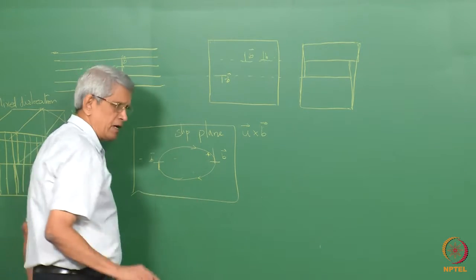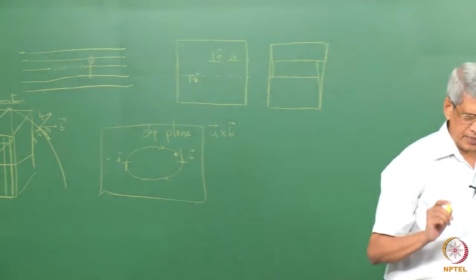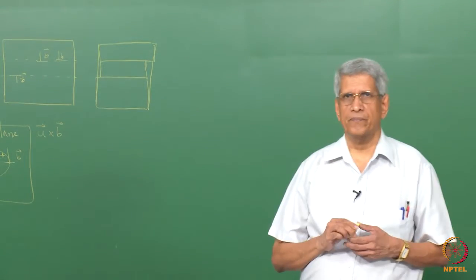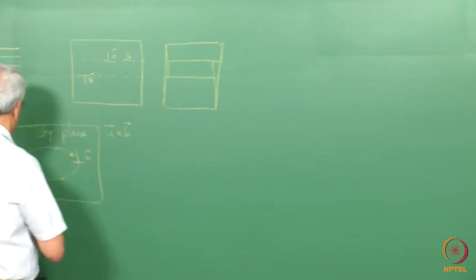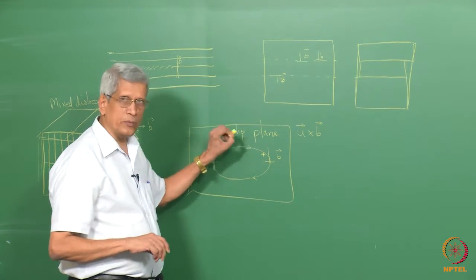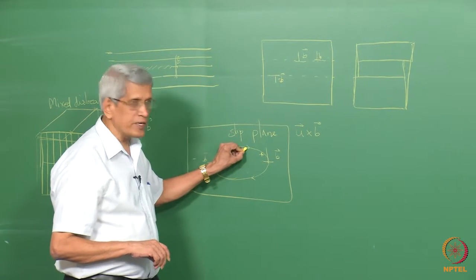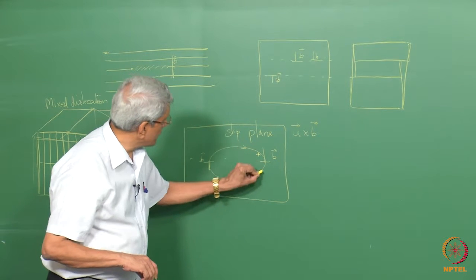As I mentioned earlier, the line direction of the dislocation has to be chosen in some particular sense, and the line direction cannot just change, it has to follow the same line direction.